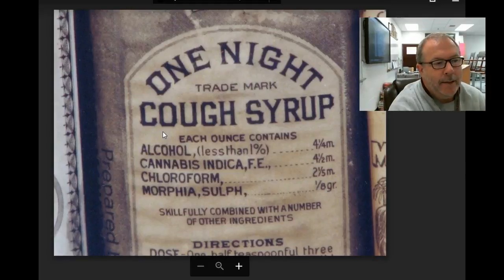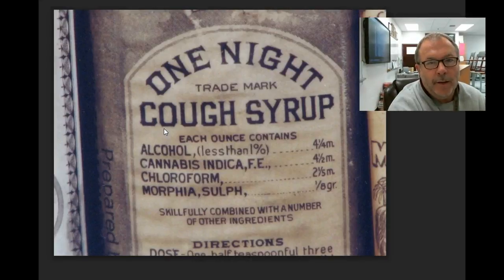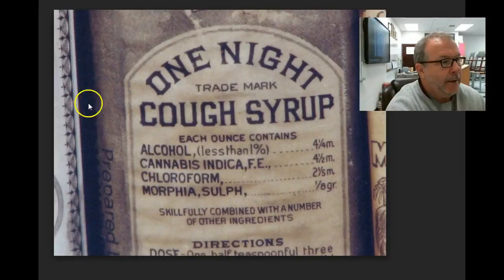It's amazing what kind of drugs were included in medicines before reforms in the 1960s changed a lot of what manufacturers could put in medicines and shampoos and just everyday products used by Americans.